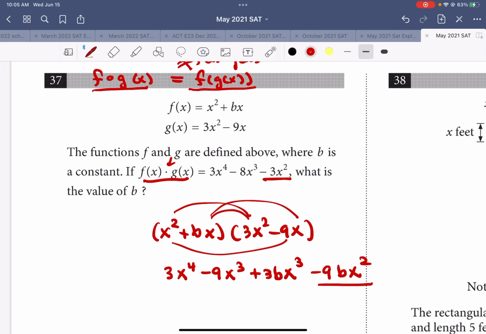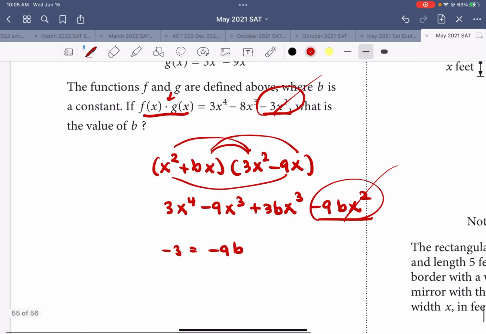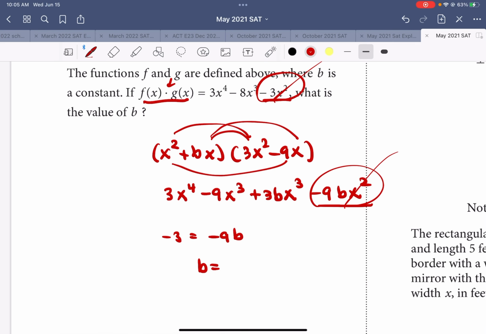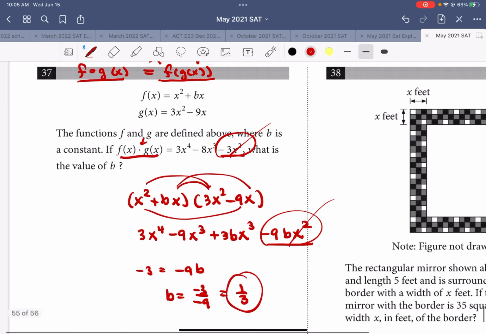When you compare with this, that should be the same as only that. So x squared you can cancel out. So then negative 3 should be equal to negative 9b. b is then negative 3 over negative 9, which is 1/3. Okay? So that's how you're going to get the b value quickly. Compare term by term. So for the x squared term, when you compare, the coefficients should be the same.